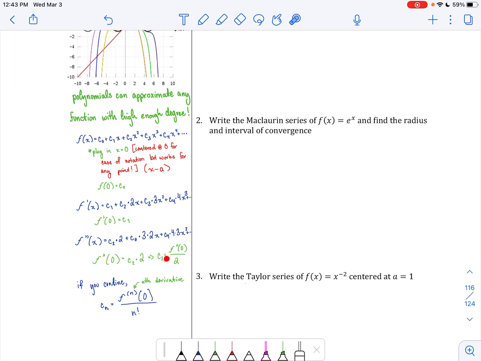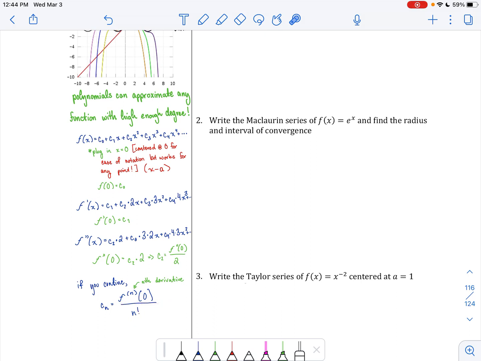So the coefficient at x squared is the second derivative at 0 over 2, just dividing that over. If you want to continue this work out, what you'll realize is that the nth coefficient, which is a nice formula, is the nth derivative at 0 over n factorial.